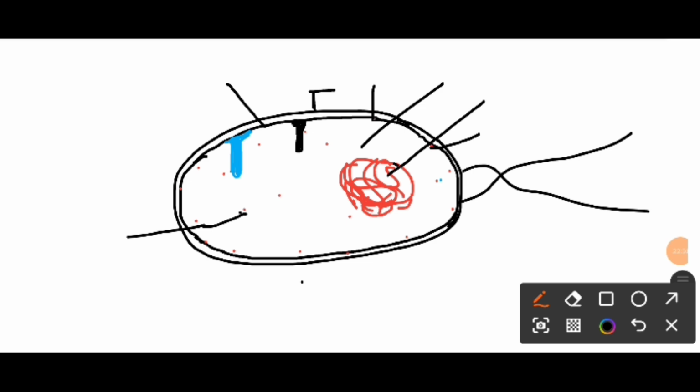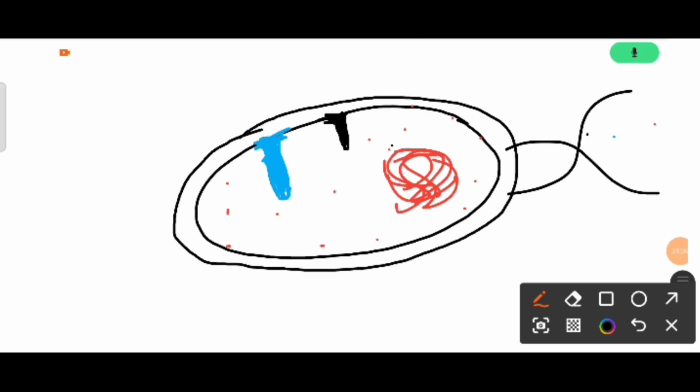The blue colored structure here is known as the chromatophore. Chromatophores are specialized structures which contain pigments. Chromato means color. The meaning of the word chroma or chromato is color.